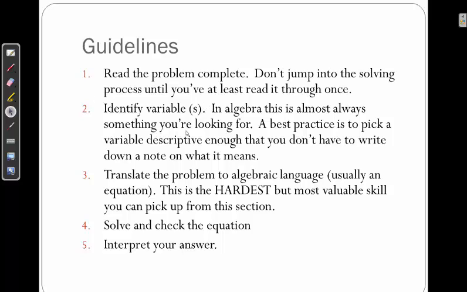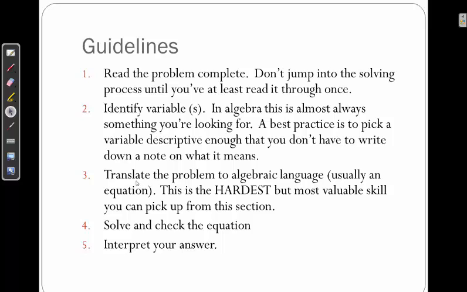Sometimes we do that, but most of the time we'll just assign one. And this is a good point. You don't always have to use x or y. Sometimes it's better to use something more descriptive. If you're finding a speed, why not use s or v for velocity? If you're finding a time, why not use t?